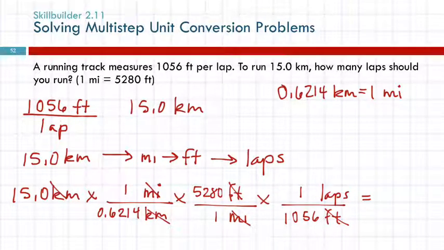Sig figs. How many? 3. 3 is correct, and 3 would be a good guess regardless. So I'm getting 120.695 laps.